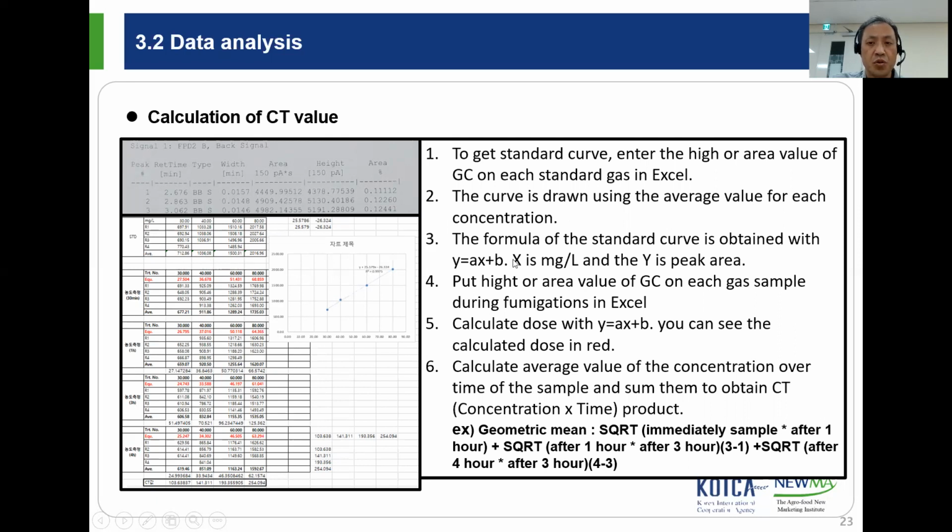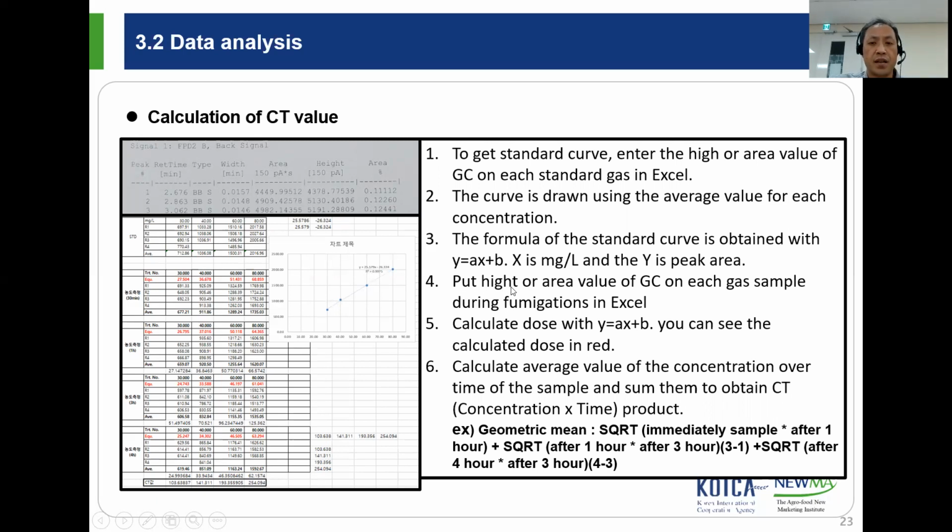The curve is drawn using the average value for each concentration. The formula of the standard curve is obtained as y equals ax plus b. The x is the dose in milligrams per liter, and the y is the peak area. At this time, the y is 25x plus 26.